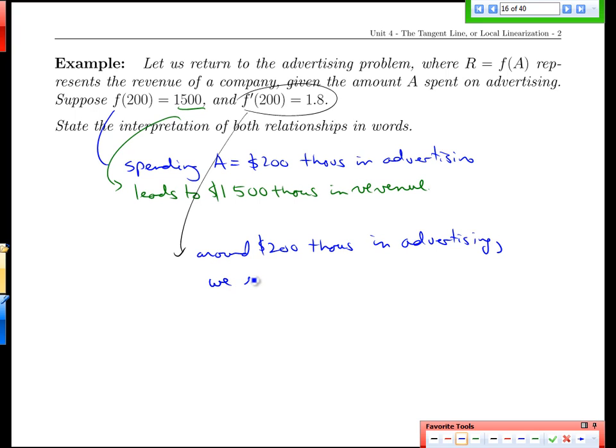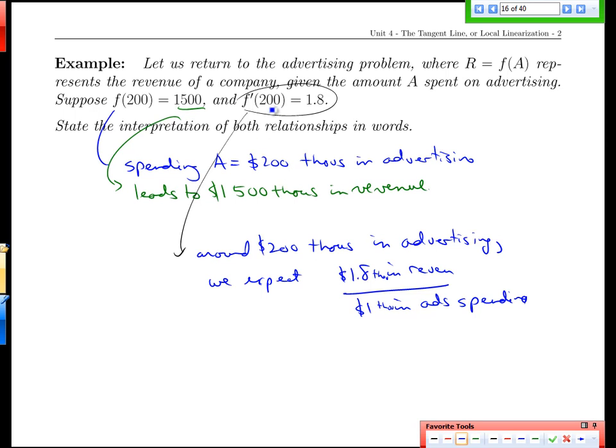We expect $1.8 in revenue for every $1 in advertising spending. That's the units of the input. Actually, we should have thousands in here. Turns out the thousands cancel, but 1.8 thousand in revenue for every 1,000 extra that we spend in advertising. Okay, so those are two statements that we can use to interpret these values.